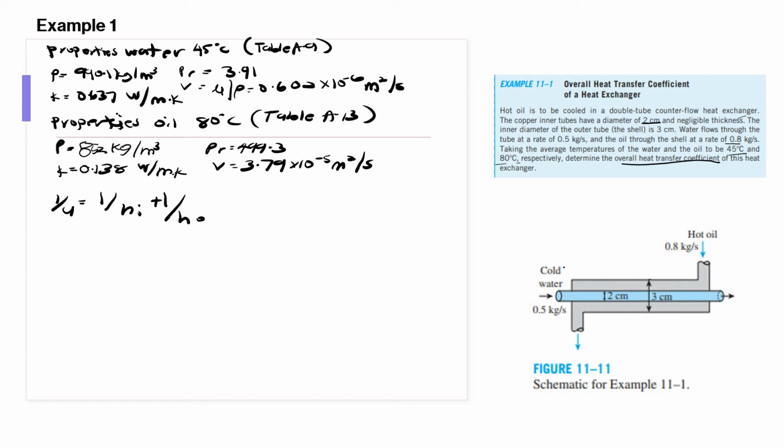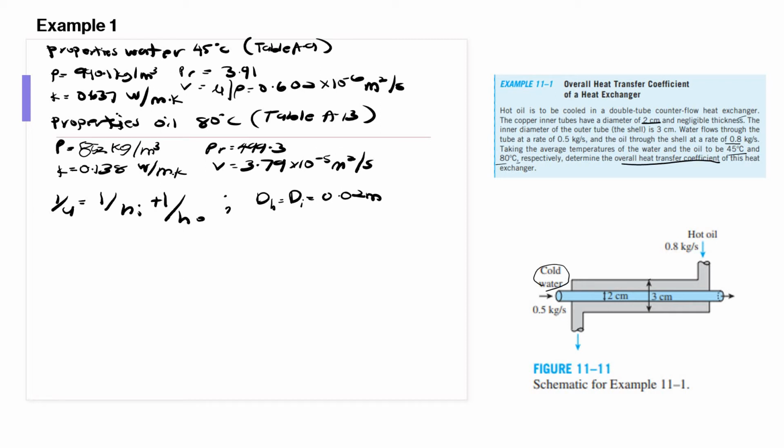First, we do the cool water part, the inner tube. For the inner tube, the hydraulic diameter is equal to the inner diameter, D inner, which is 2 cm. Converted to meters, it becomes 0.02 meter.